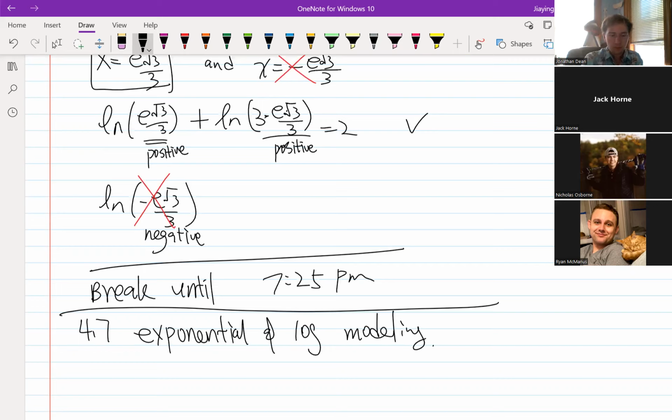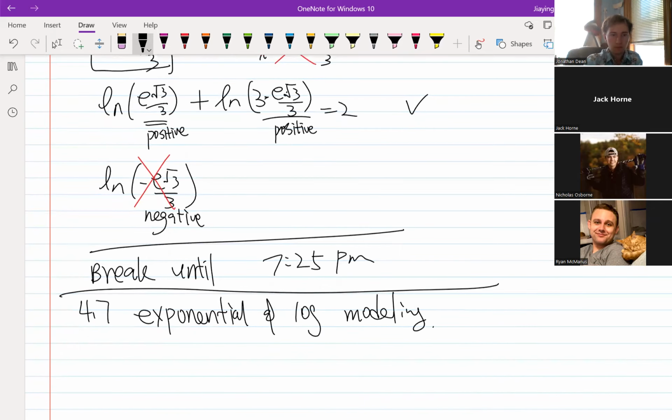All right, the first example is doubling times. Just like the term says, doubling time, so we're looking for time.